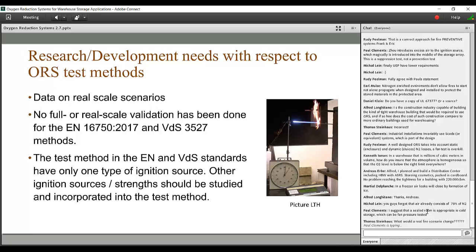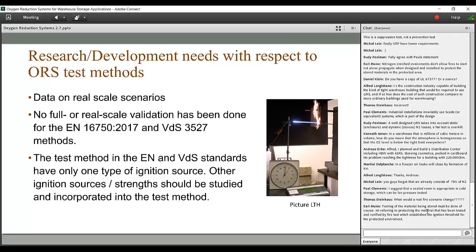Then it's also very important that the test method which we see on the right, or a simplification of it, which is now mentioned in the EN and the VDS standards, is a test standard which has been developed with a set of criteria and so on.